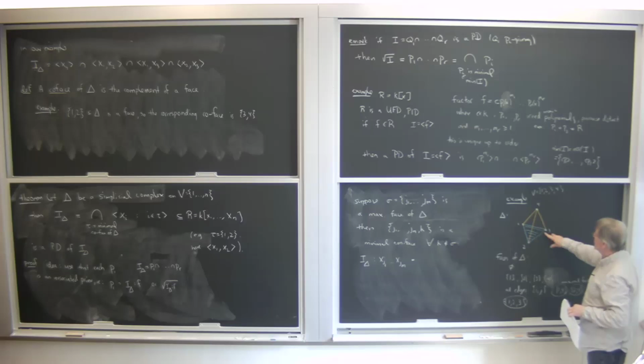We're getting 2, 3, 4. We have a maximal face 1, 2, 3, and then I add in 4. That is a minimal non-face.